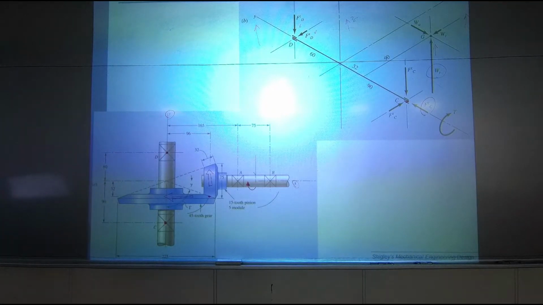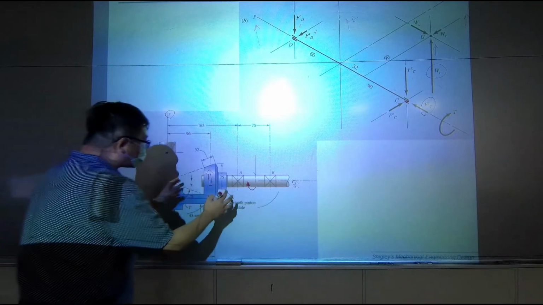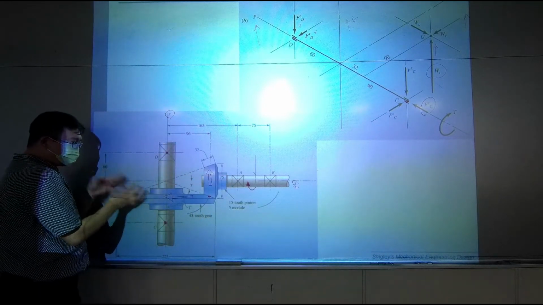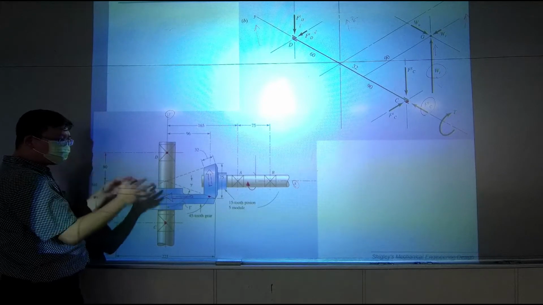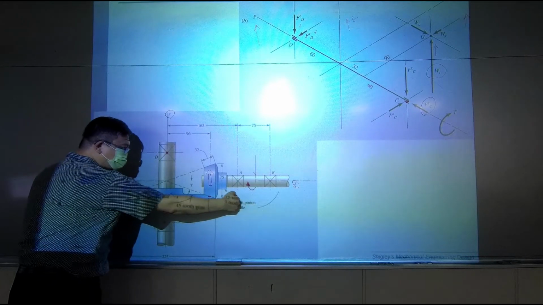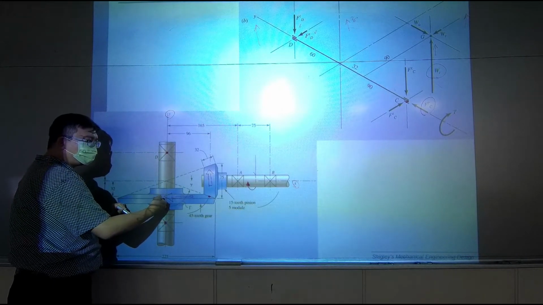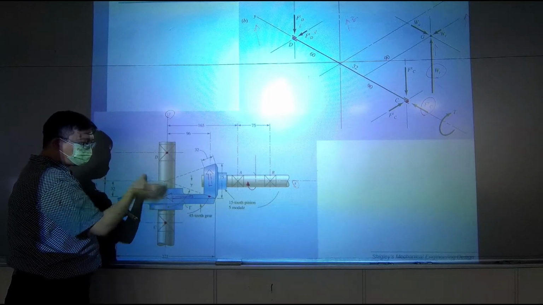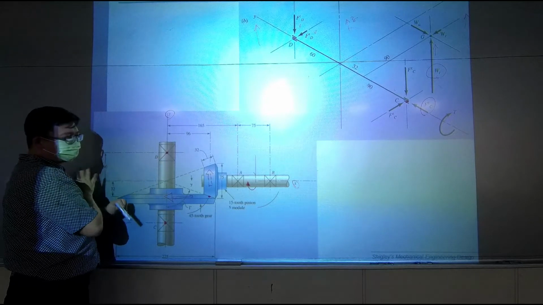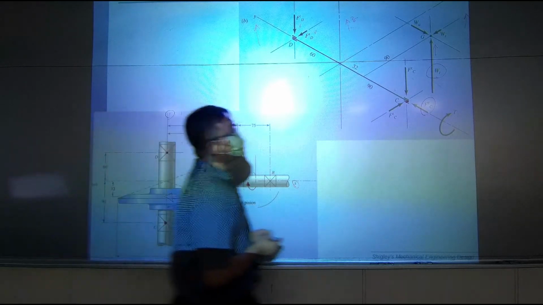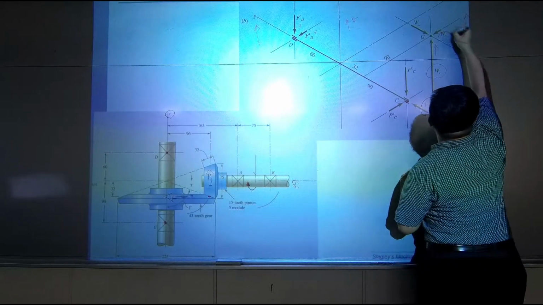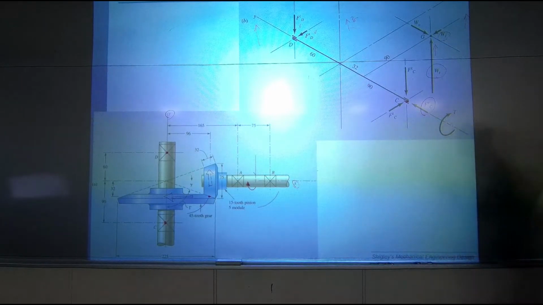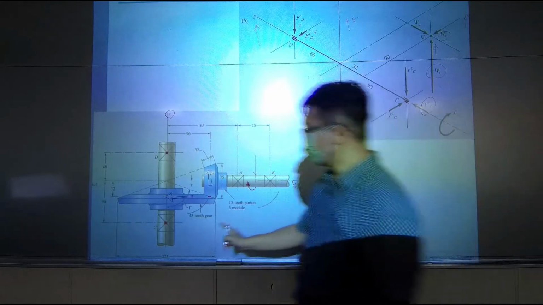Okay? And since this guy is always pushing this guy, there's always some kind of force pushing this way toward the center axis of the bigger shaft. So no doubt we can have a radial external force pushing toward the center of this cylinder.